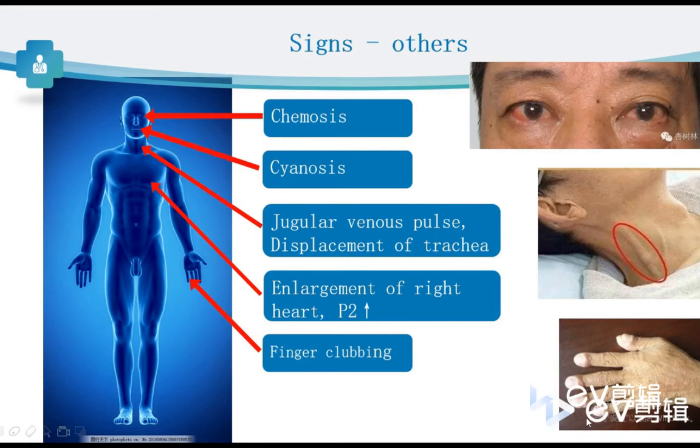Sometimes, maybe we can find finger clubbing, which is caused by dyspnea for a long time. And about the edema, maybe we can find edema caused by cor pulmonale or DVT, deep venous thrombosis.